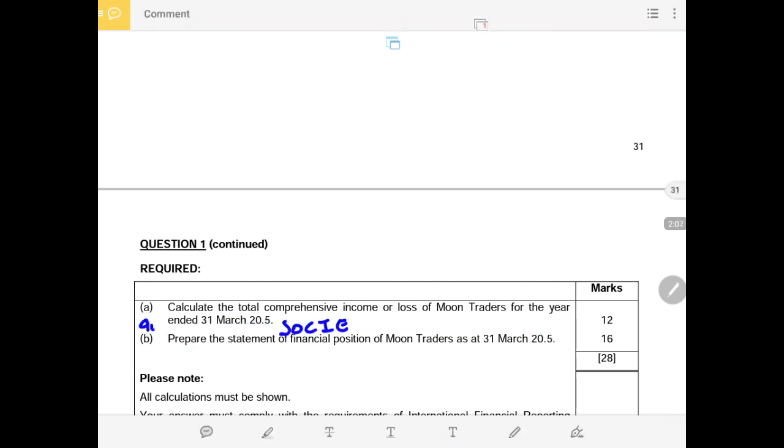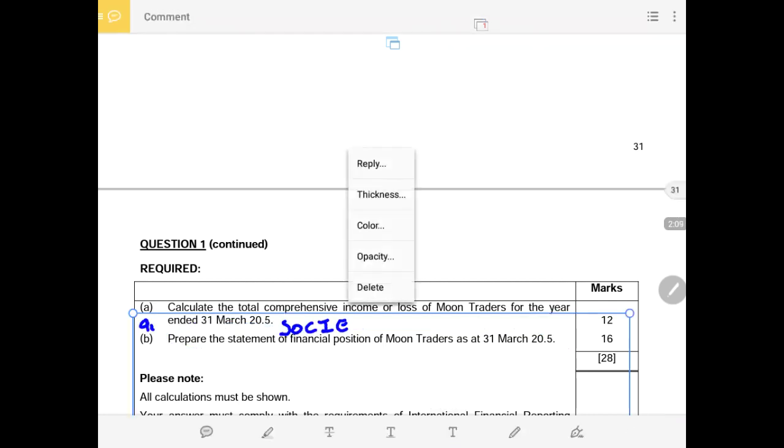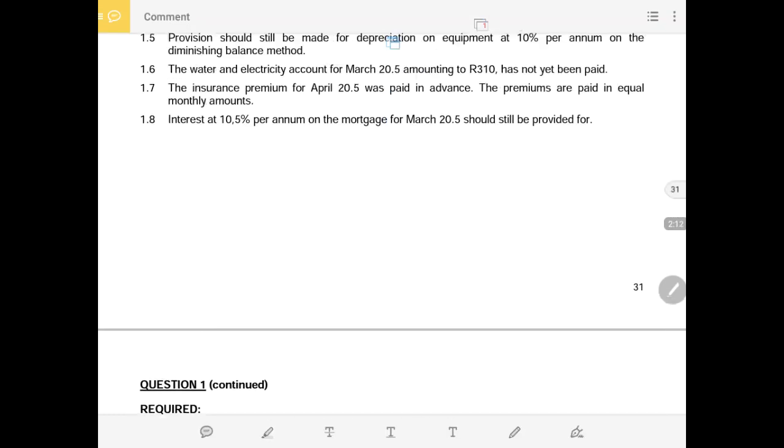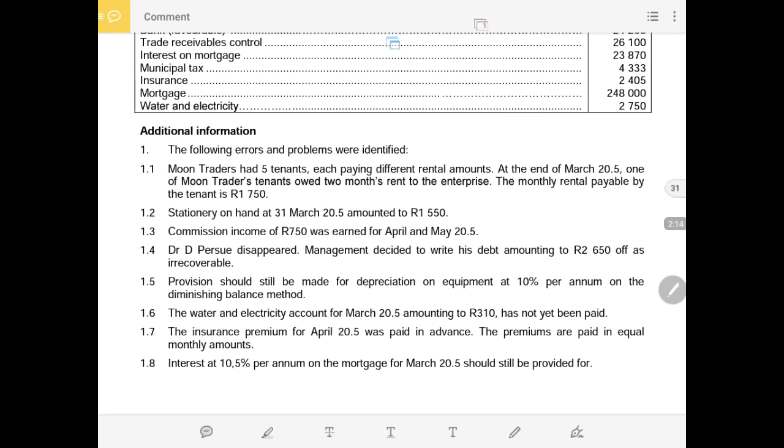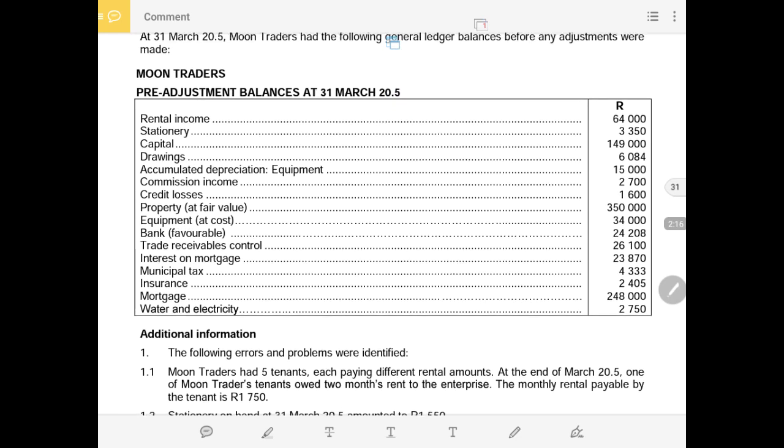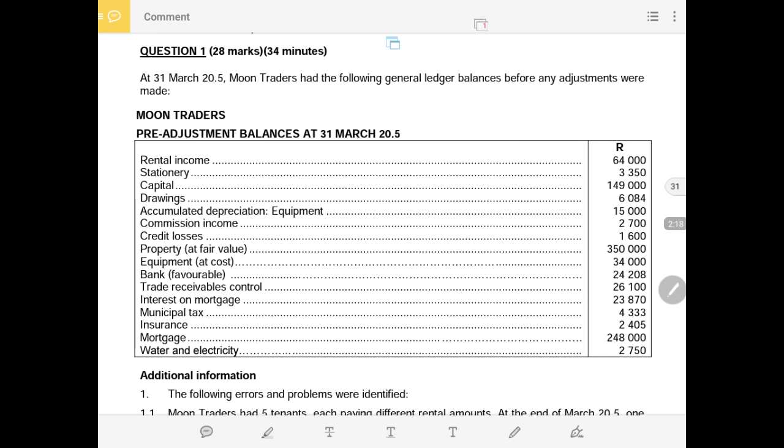Then there's something that I did not emphasize, though it was not that important in the previous video that I recorded on the preparation of the financial statements. The other question that I did was based on another inventory system which is called perpetual inventory system.